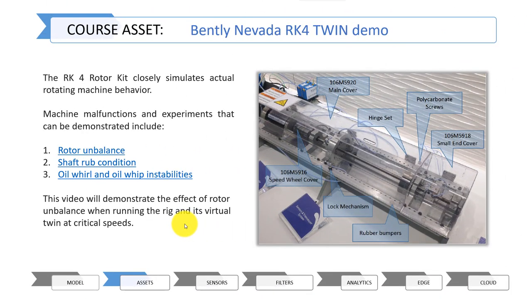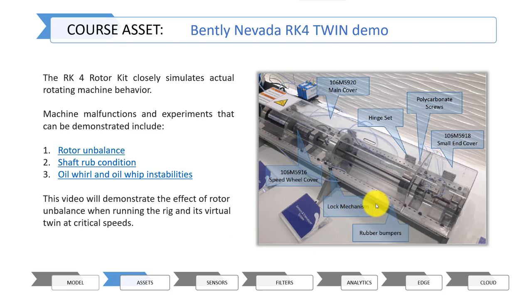The RK4 test rig by Nevada is made to demonstrate rotor unbalance, shaft rub conditions and instabilities due to oil whirl and oil whip. But in this video I will only demonstrate rotor unbalance. The RK4 test rig is very flexible and can be configured many ways.